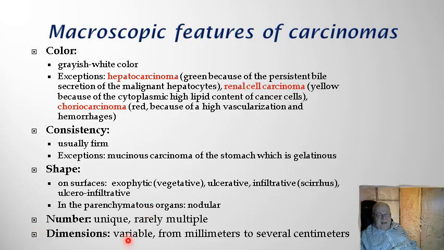And their dimension varies from a few millimeters to several centimeters or even larger, but never becoming giant as benign adenomas have this possibility. These malignant tumors are never giant in dimension because they kill you before.